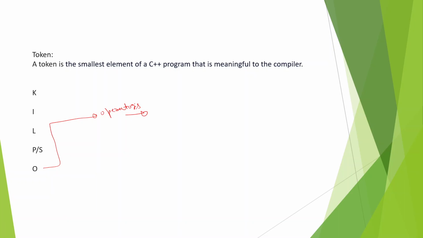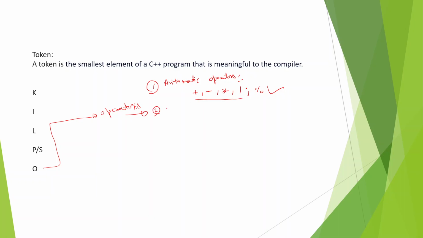So C++ has some operators. First is the arithmetic operator, which performs arithmetic operations: addition, subtraction, multiplication, division and modulo. I hope you know all the concepts.